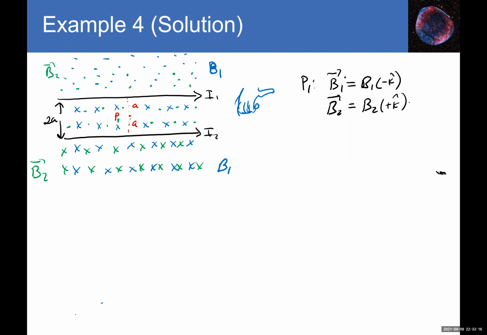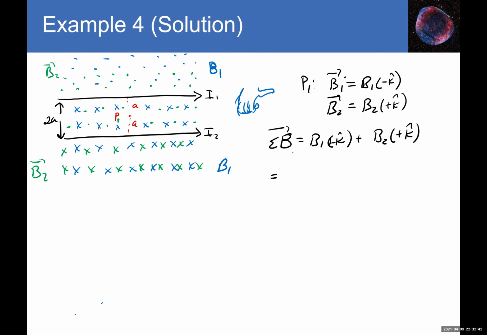Okay. So, the net magnetic field is magnetic field 1 negative K hat plus magnetic field 2 positive K hat, and that will be the sum. Because both of them are along the same axis, K, we can think of it as just an algebraic sum.